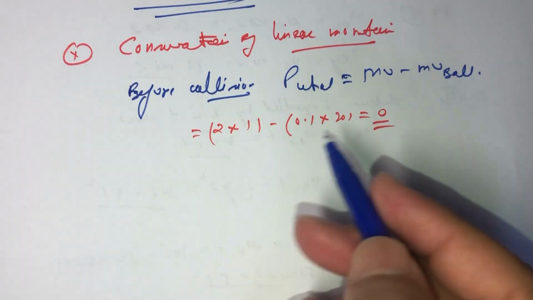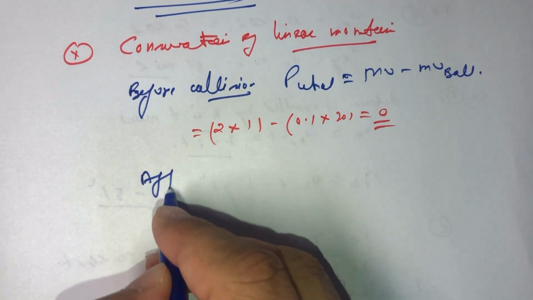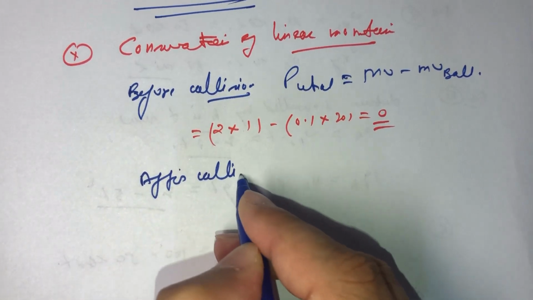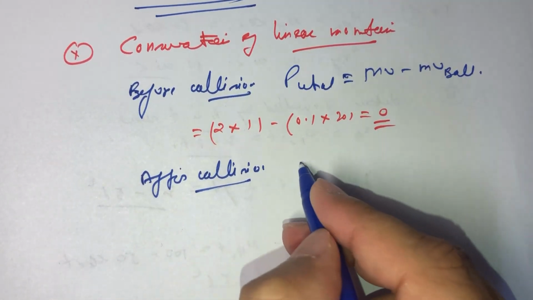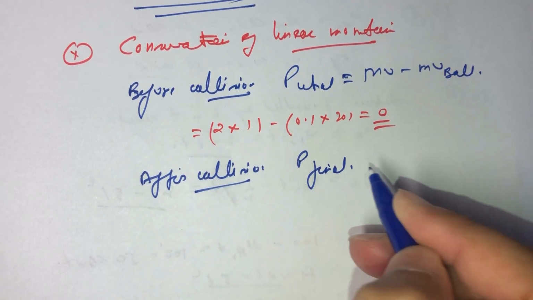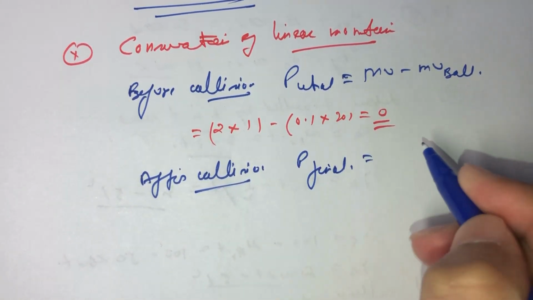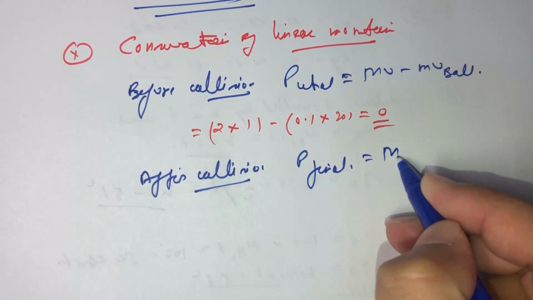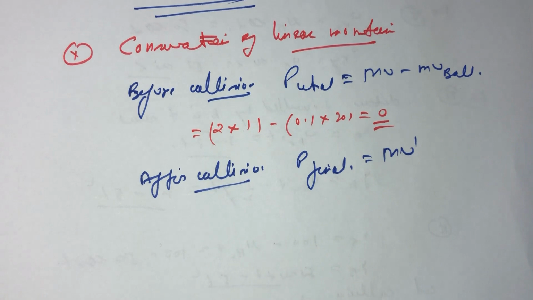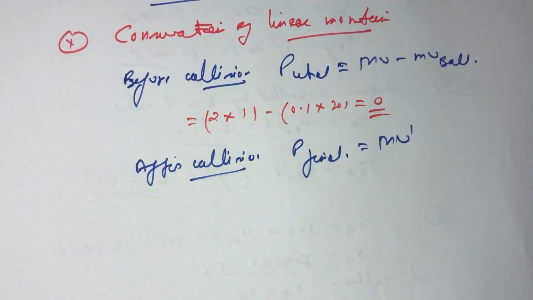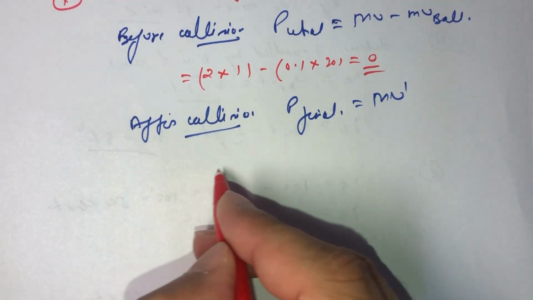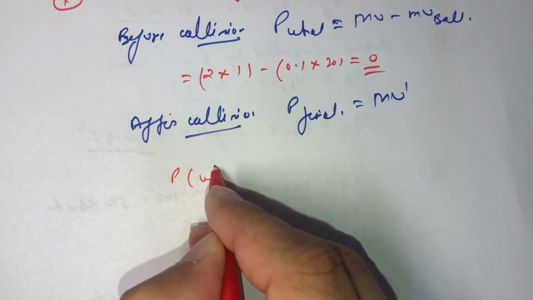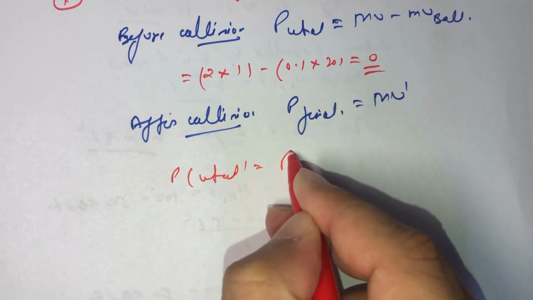After collision, we have P final, and P final will be equal to mv prime. So conservation of momentum states that P initial will be equal to P final.